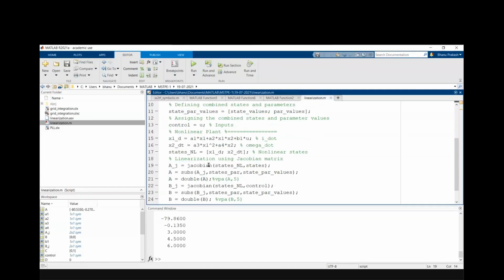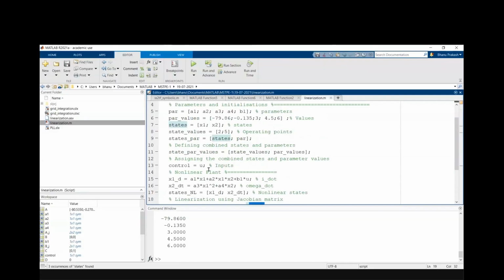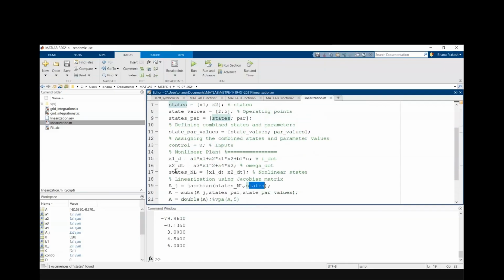If you type the Jacobian command, then you have to give what you want to differentiate and what are the state variables. Suppose, if you see state nonlinear, these are the equations that I am giving: A1 x1 plus A2 x1 x2 plus B1 u. That means this state's nonlinear function will have these two equations.